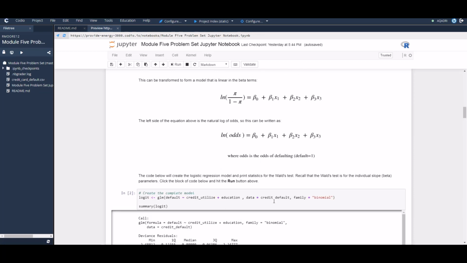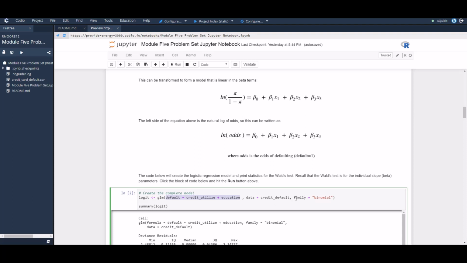This is the part that will run the logistic regression, and it uses the function glm in R. The function is set up in a very similar way as before. So we have default, tilde, and then the two predictors, and R will create the dummy variables by itself.